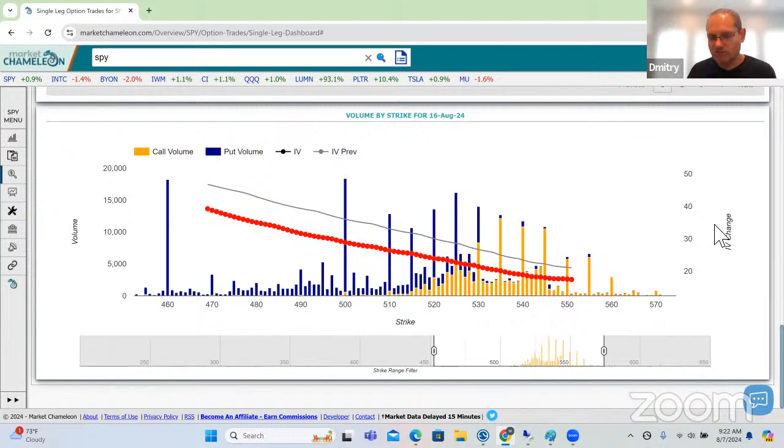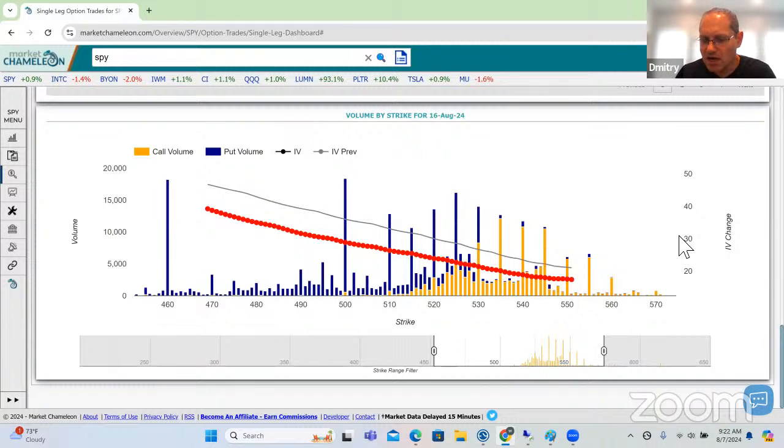The entire thing shifted lower on every strike. We don't have greens up here and reds down here. All of them are red, and you could see the wide gap. So there's a significant shift lower in the entire implied volatility curve from yesterday.